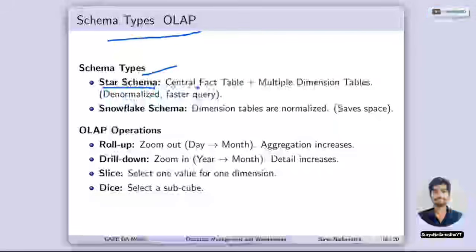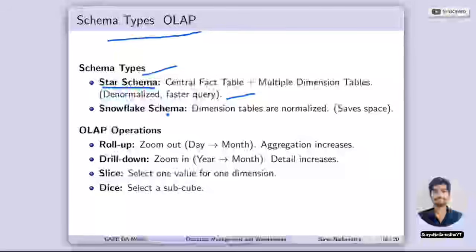In the star schema, a central fact table plus multiple dimension tables gives a denormalized structure with faster queries. This is how we construct the star schema, and these are its features: denormalized and faster query approach.